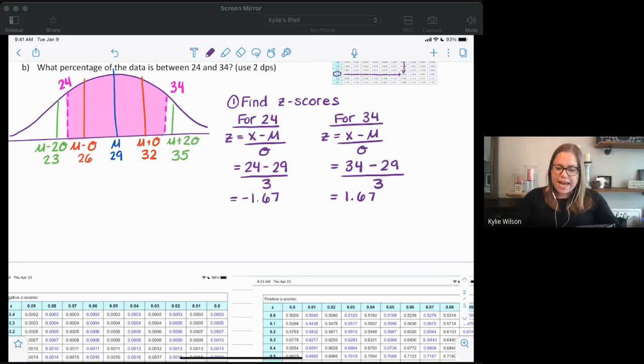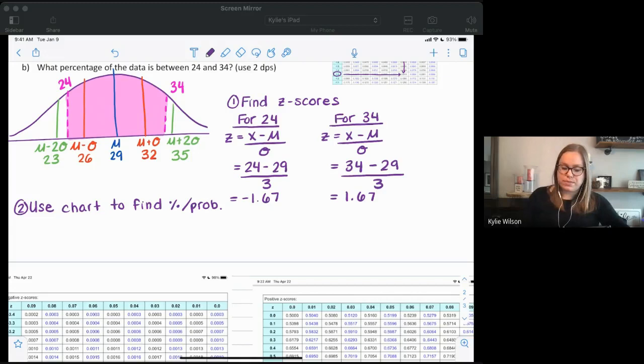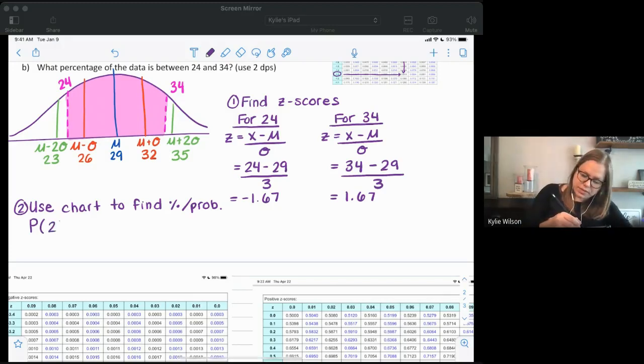So that is our next step. So now that we've done that, we can use our chart to find our percent or probabilities. That's the next thing that we can do. So what we're looking for here is the percent of points that are greater than 24, but less than 34.